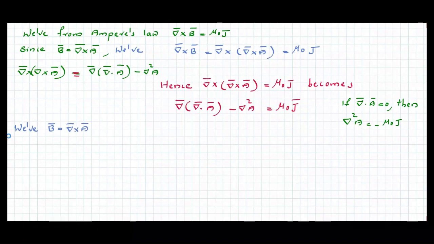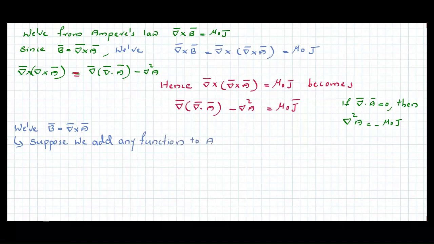Then del square A can be represented as minus mu 0 J. We can simplify the expression to del square A is equal to minus mu 0 J if del dot A is equal to 0.